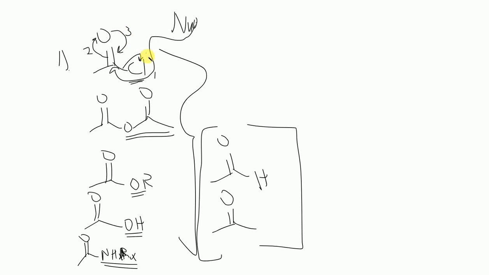Then you have step 3, which comes down, and step 4, which happen at the same time. So it does this system of steps, and it kicks off the leaving group and reforms the carbonyl with the addition of the nucleophile that's present here. And so essentially, you can understand the reactivity of all of these by looking at the leaving group, or the group that forms after this reaction happens.